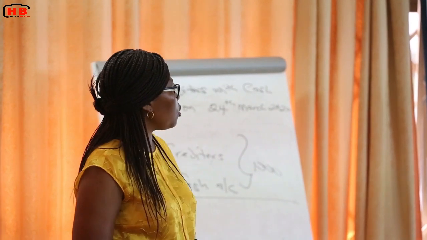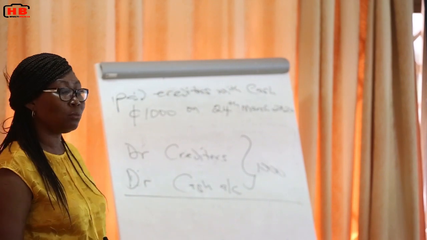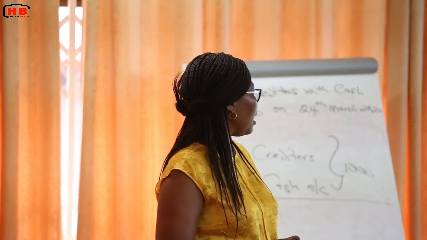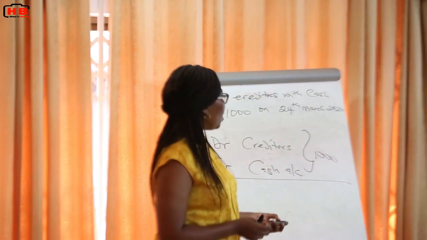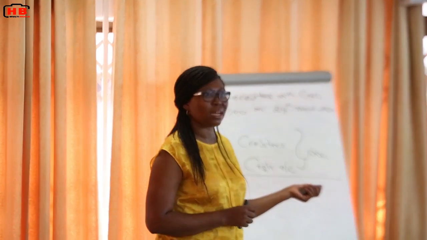Now, how do we correct it if the trial balance does not agree, or we find these errors within the accounts? One key account that becomes very critical is the suspense account.